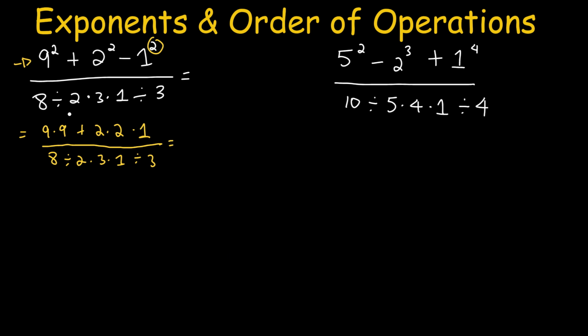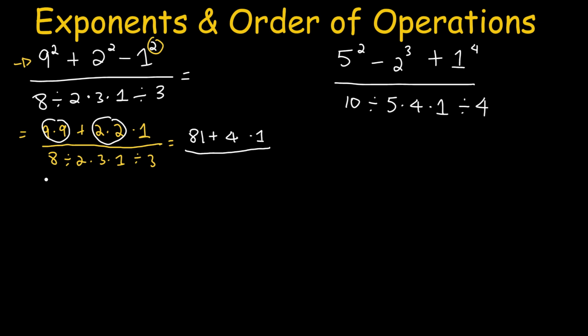All right, let's go ahead and multiply 9 times 9, and then let's multiply 2 times 2. Okay, so 9 times 9 will be 81, plus 2 times 2 will be 4, and let's rewrite the one here just to keep our working organized.